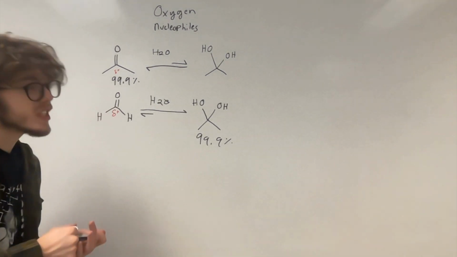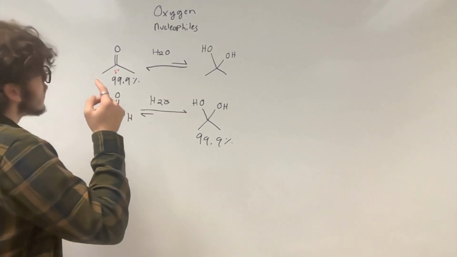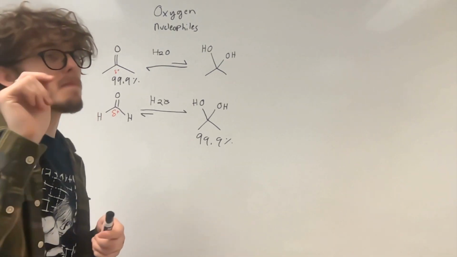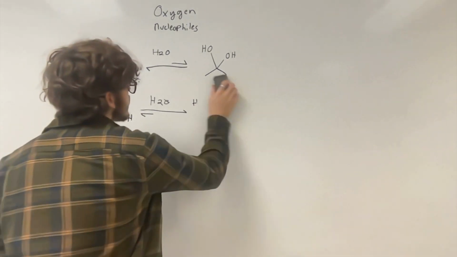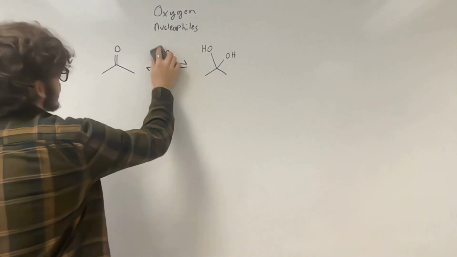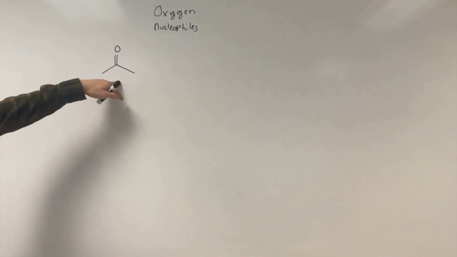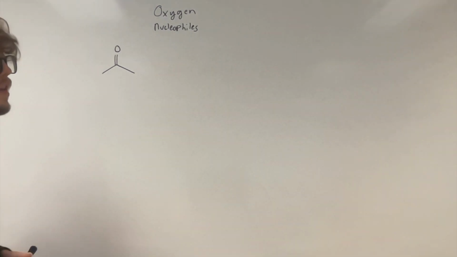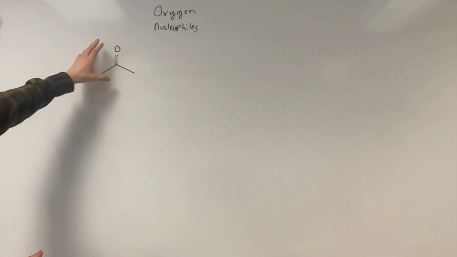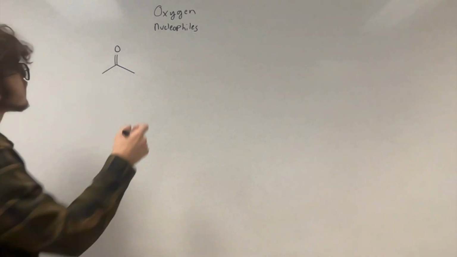Now, this reaction is extremely slow. I mean, just awfully slow. So we can promote it by using an acid or a base catalyst. Now, let me erase this here, and we're just going to stick to our 2-propanone. And the catalyst makes it so that the reaction goes faster, not to a different equilibrium state.